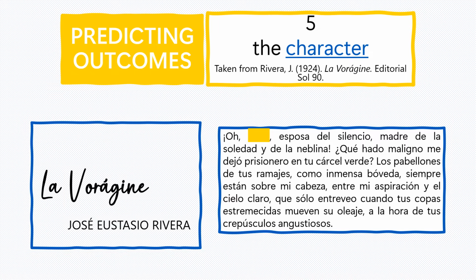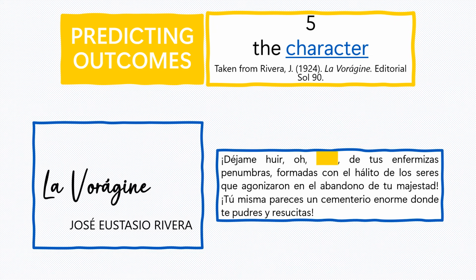Por ejemplo, aquí, oh, esposa del silencio, madre de la soledad y de la neblina. Is it a she or is it a place? It's a place. It is the forest. Or this part.